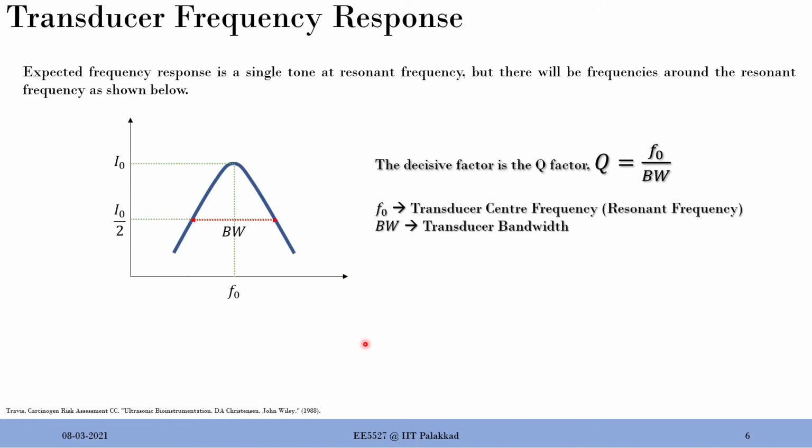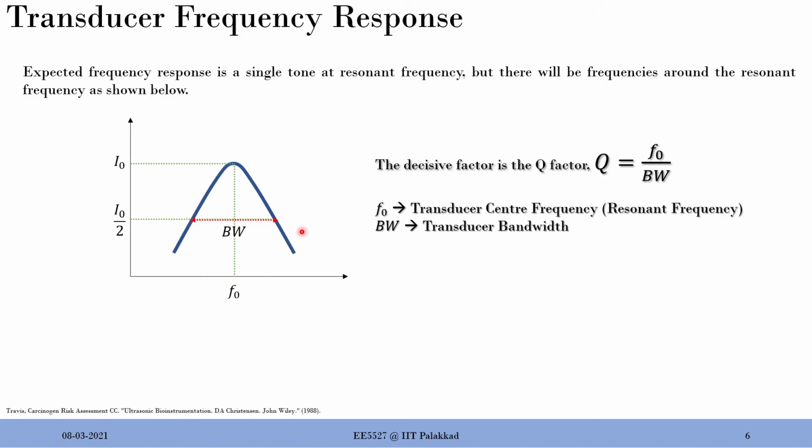So I'll explain with this particular chart. The expectation was that you have a single tone at f0. If I plot the spectrum, with the x-axis as the frequency and the y-axis as the amplitude or magnitude, the expectation was a single tone here, a single frequency, a single peak. But because of what I explained just now, you won't get that.